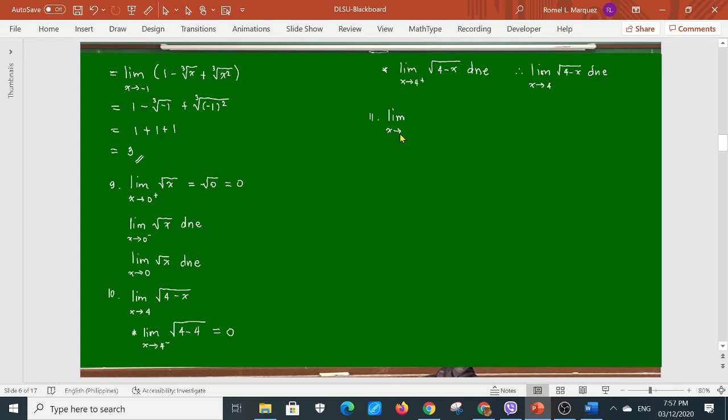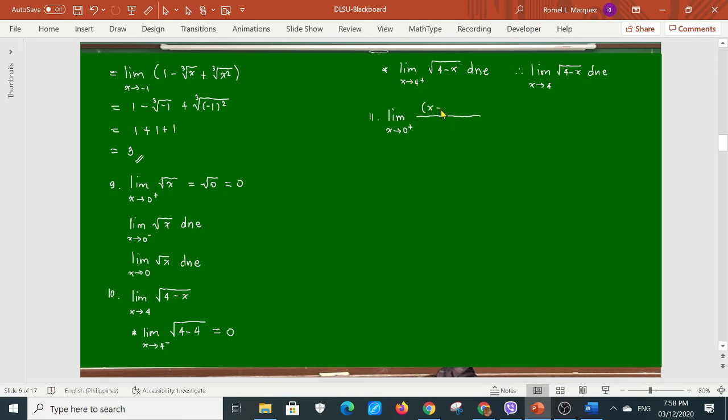X approaches 0, no? From the right. I want it from the right. So square root of x minus 1. So it is from the right, not approaching 0, but approaching 0 from the right. Ang concern lang natin, through positive values napapunta sa 0, pero not negative, not even 0 actually.